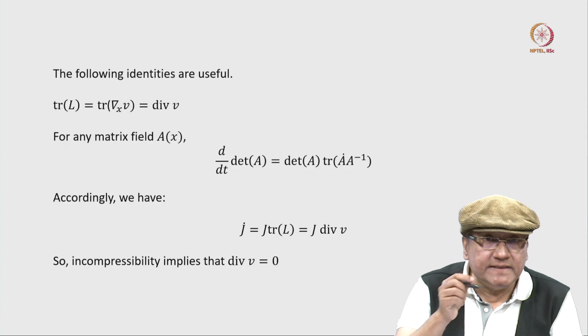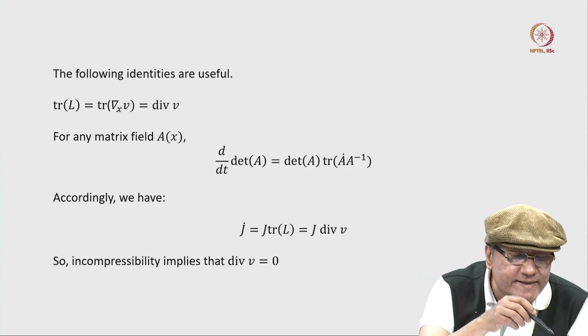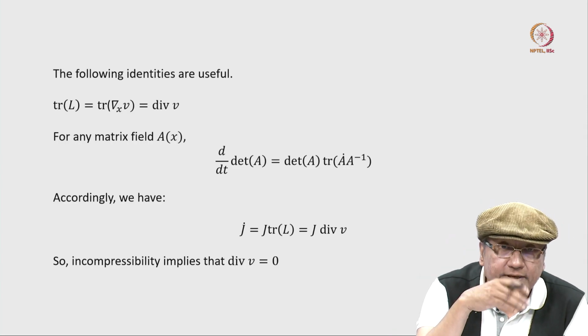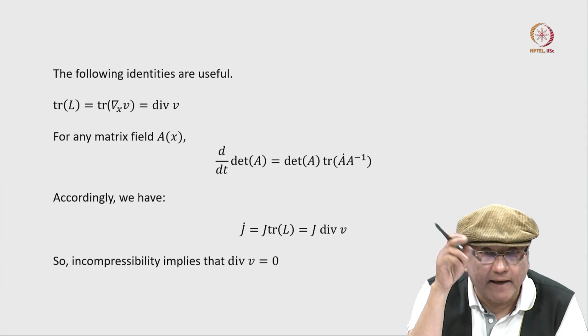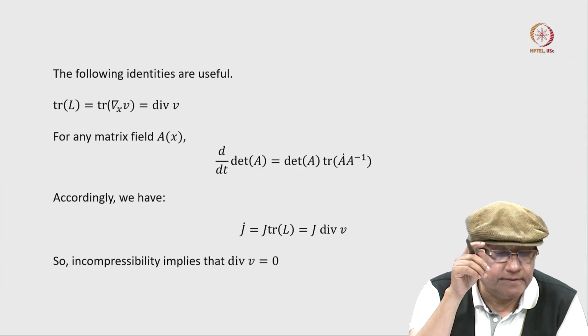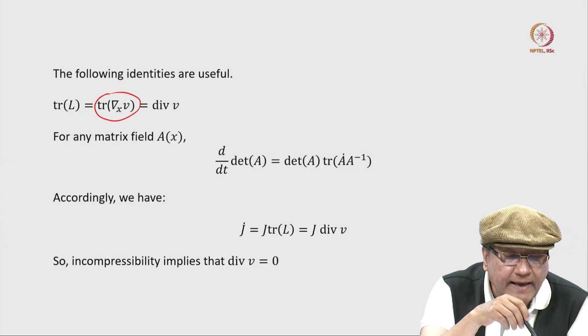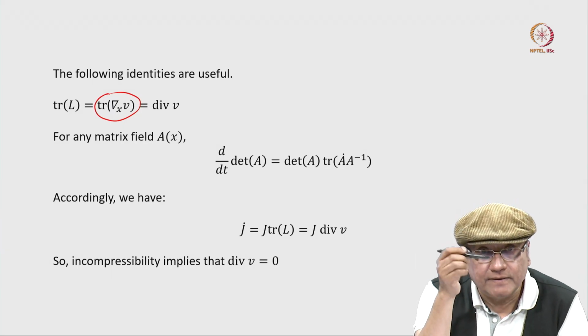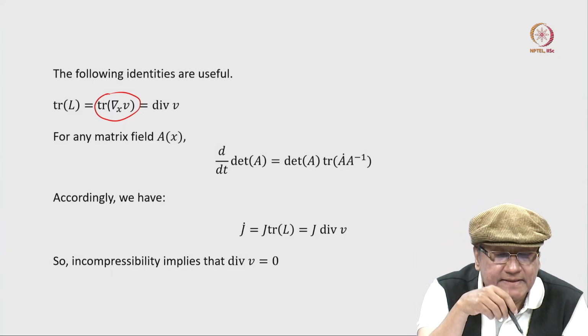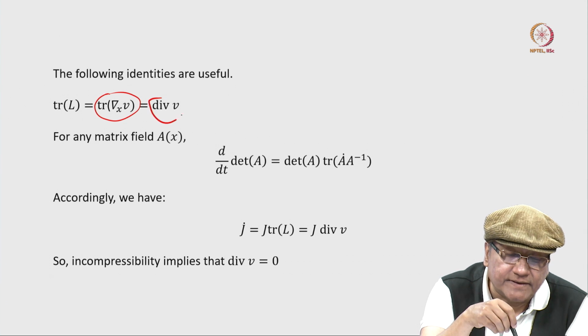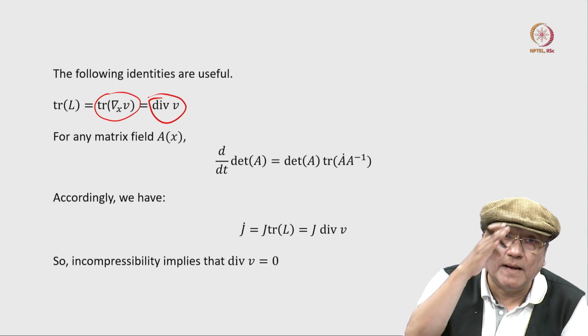Now, some identities are useful. For example, the trace of L. The trace of a matrix is the sum of its diagonals, you remember that. So this is the definition of the trace, and the trace of the gradient of a vector, which gives a matrix, is nothing but the divergence of that vector, because it is the sum of the diagonals.